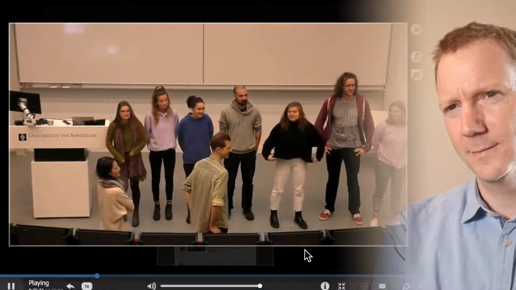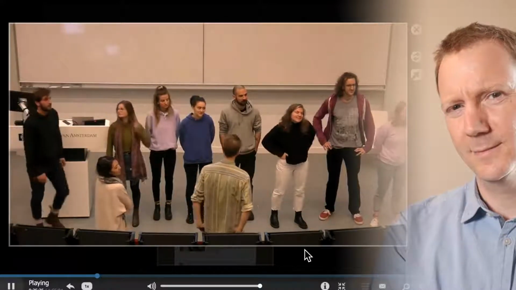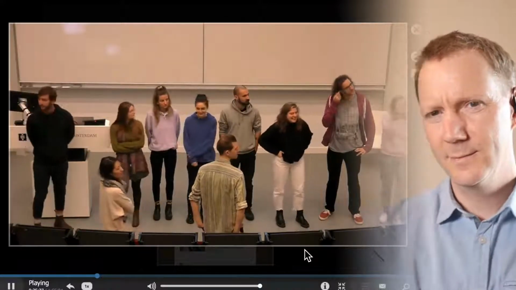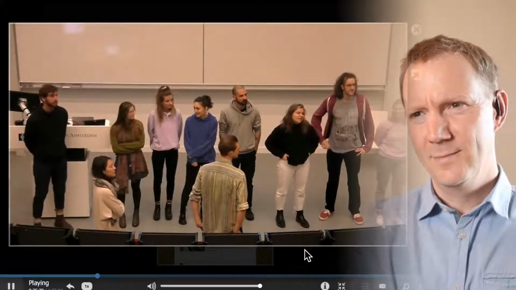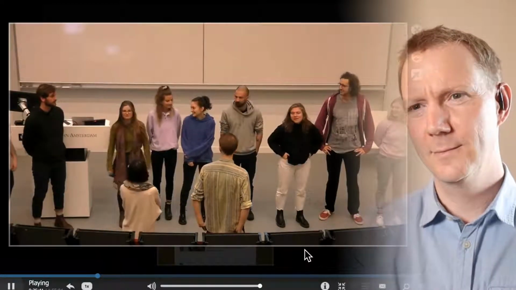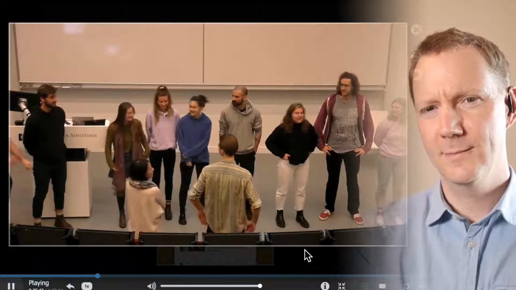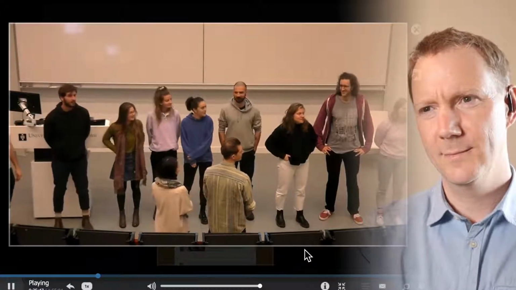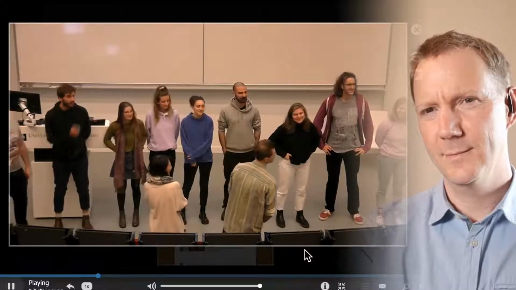So, let's see. We need to rank. So I want to ask the rankers to rank these people based on their height. So make sure you choose a side, of course, and make sure that you rank them in the correct order. So try to put the highest at that side and the smallest on this side.